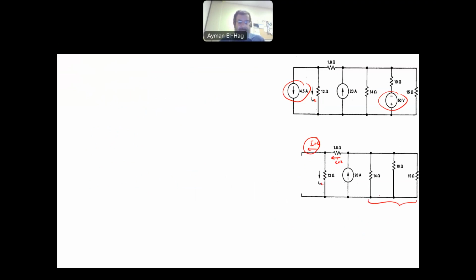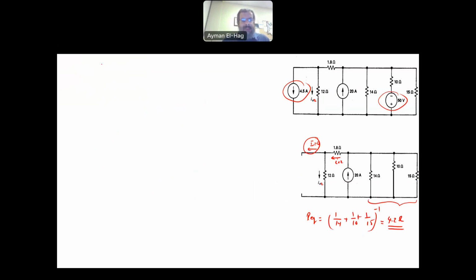So your R equivalent is equal to 1 over 14 plus 1 over 10 plus 1 over 15, inverse of that. And this basically will give me a total resistance of 4.2 ohms. So this is the total resistance that I will have in this parallel configuration.